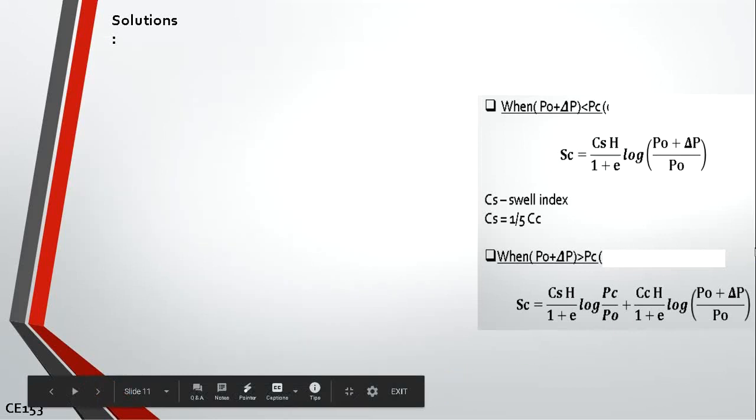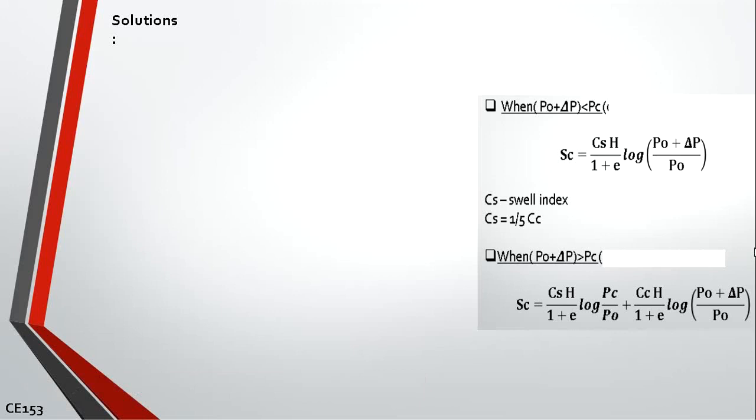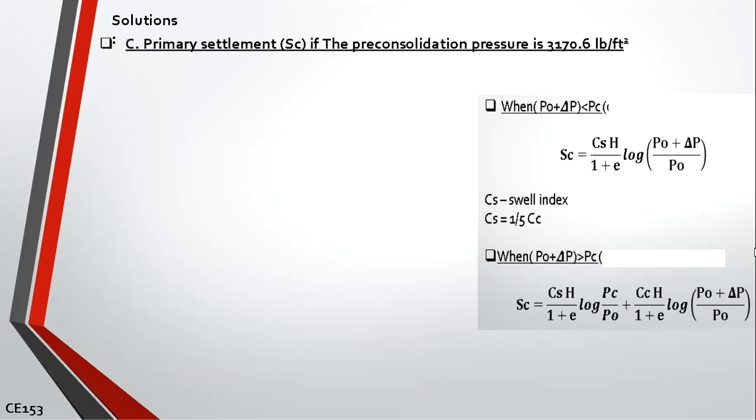So, ano yung hinahanap natin for letter C? So, for letter C, we are looking for the primary settlement, if the pre-consolidation pressure is 3,170.6 pounds per feet squared.